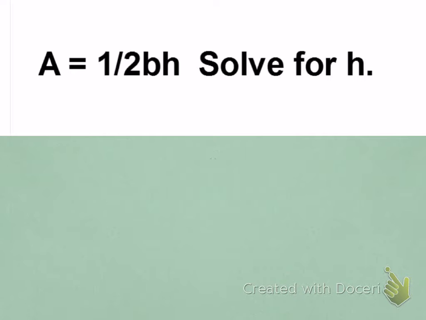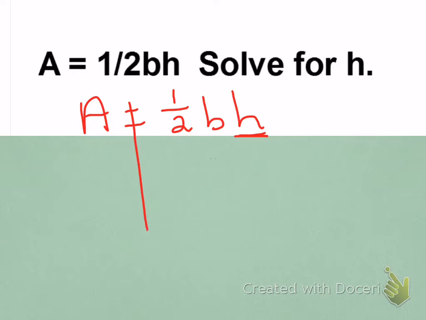Here we have area equals 1/2 base times height. That's the formula for area of a triangle. So I'm just going to rewrite it. Okay, I want to get h by itself. So in order to clear the fraction, I'm going to divide by 1/2, which is the same as multiplying by the reciprocal. So multiplying by 2 over 1.